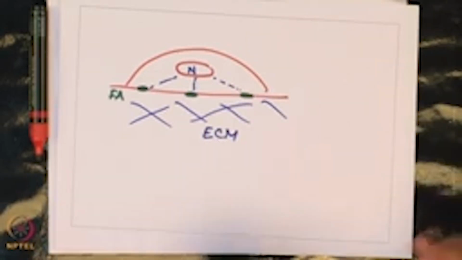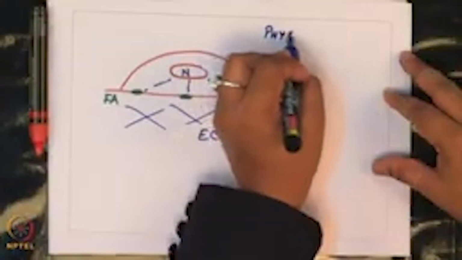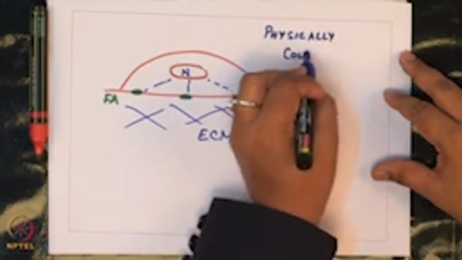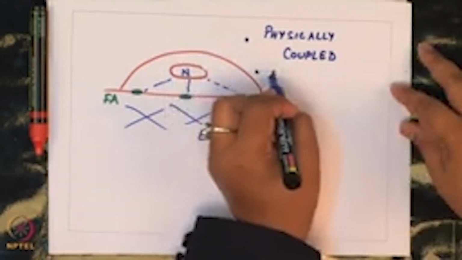Okay. So, if we ask what kind of function these focal adhesions must serve, so we know that for adherent cells the cell must remain stuck to the substrate, but at the same time it should be in a position to migrate. Okay. So, the cells should be physically coupled and be able to migrate.